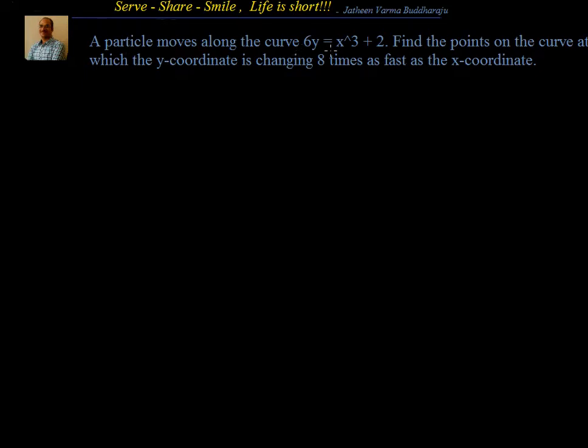So we have been given the curve is defined by 6y equal to x cube plus 2. Find the points on the curve at which the y coordinate is changing 8 times as fast as the x coordinate. What's the meaning of that?